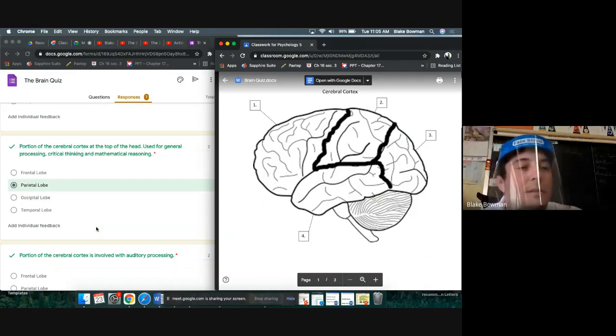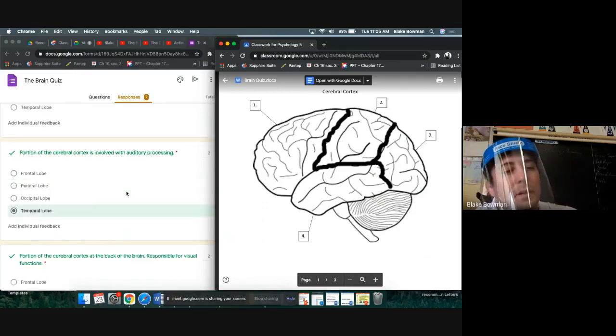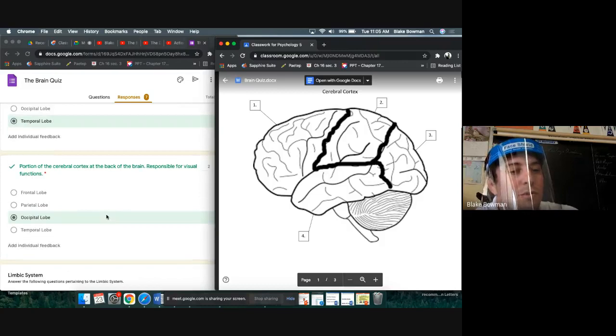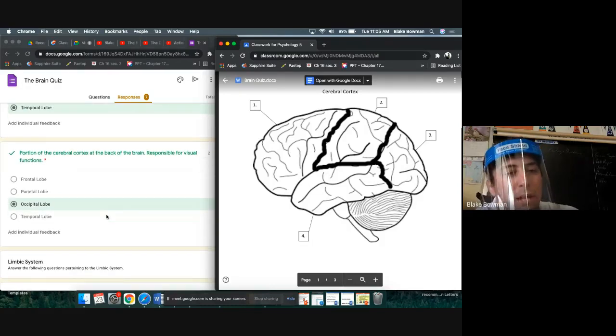Top of the head, general processing, critical thinking, and mathematical reasoning: parietal lobe, two. Auditory processing: temporal lobe, four. Back of the brain, visual functions: occipital lobe, number three.